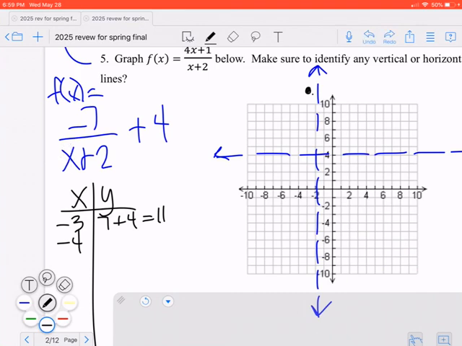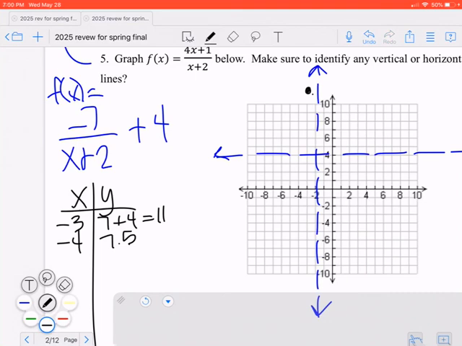So we have negative 7 over negative 2. Sorry, you guys. Negative 7 over negative 2 is positive 3.5 plus 4 is 7.5.